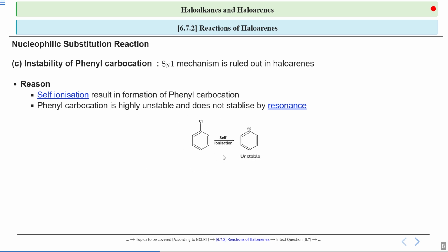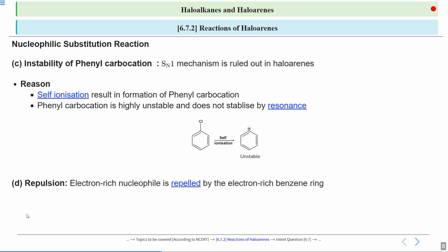When you take chlorobenzene and it undergoes self-ionization, this is the phenyl carbocation you get, which is highly unstable and not stabilized by resonance. So because your carbocation is unstable, you can't follow the SN1 mechanism, because in the SN1 mechanism, the carbocation stability is the key factor on which the reactivity depends, right?